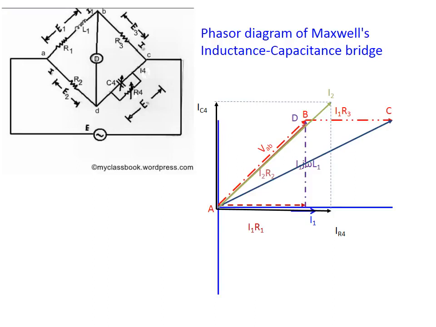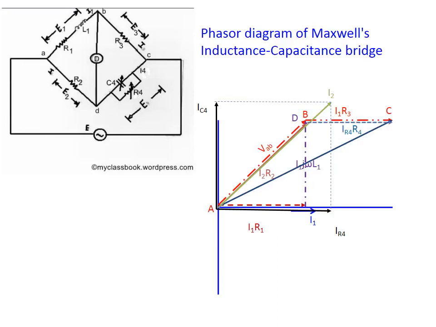Therefore, the phase of IC4 must lead the phase of I1 by 90 degrees. In a nutshell, current I2 has to be split into two rectangular components, one along I1, that will be IR4, and another component leading I1 by 90 degrees, that is IC4. IR4 and IC4 have been shown in the phasor diagram.